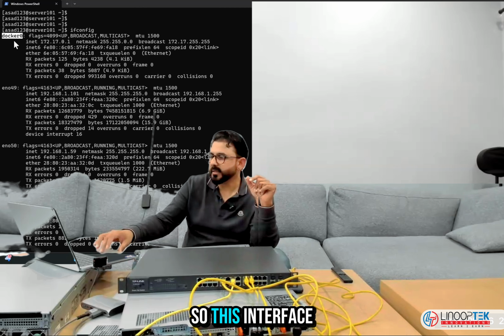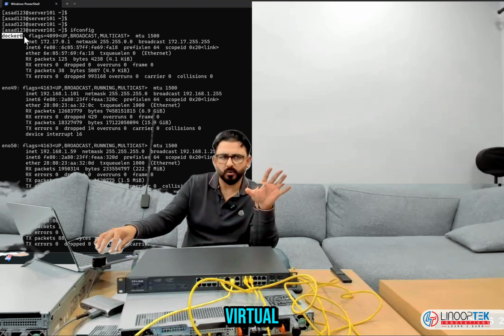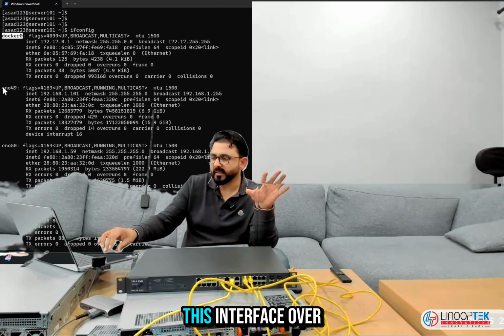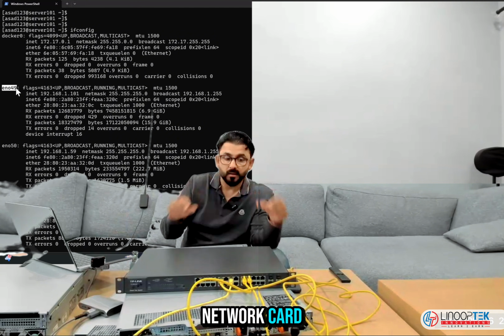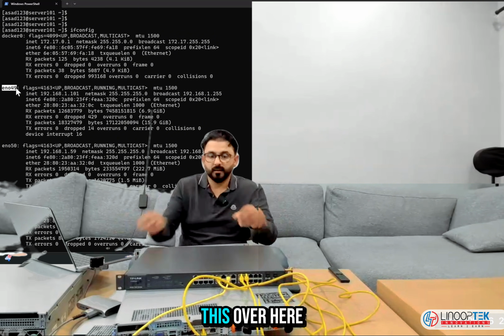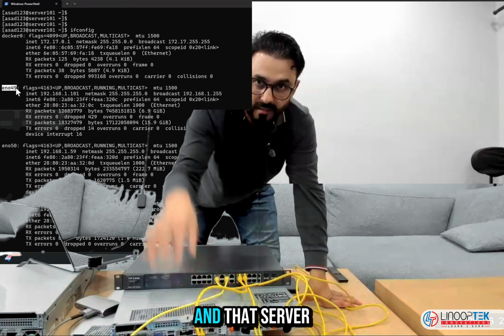So this interface over here, Docker, is something virtual. We're not going to get into that right now. This interface over here is one of the physical network cards that looks like this on the server that we are connected to, and that server is sitting somewhere downstairs in the data center.